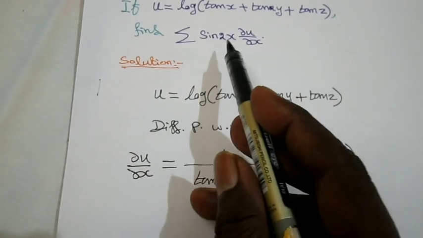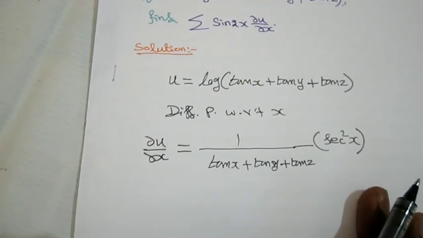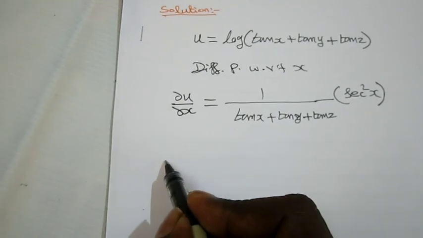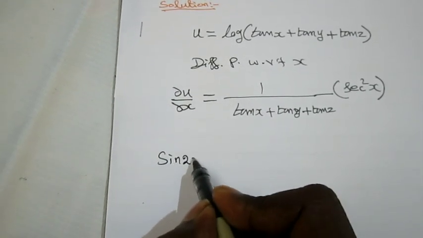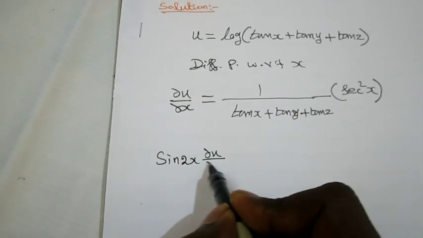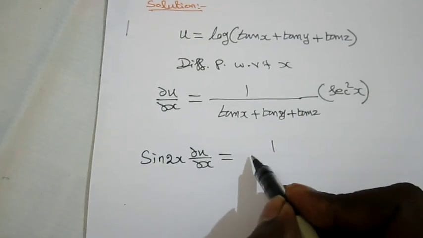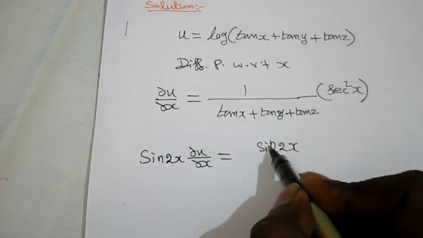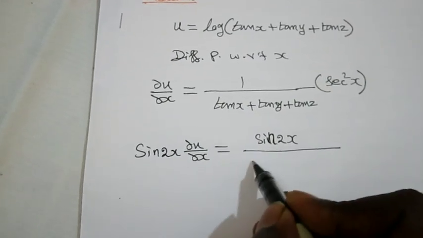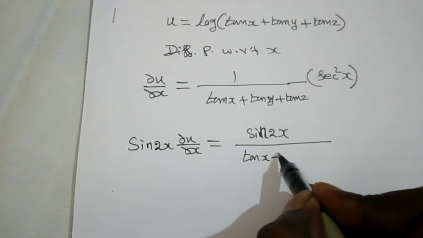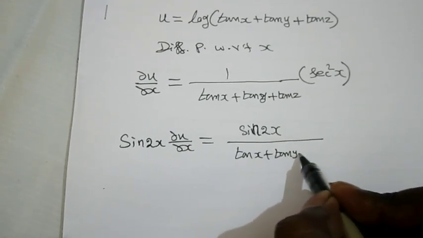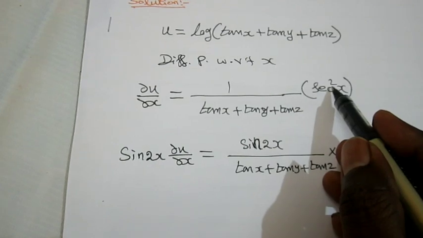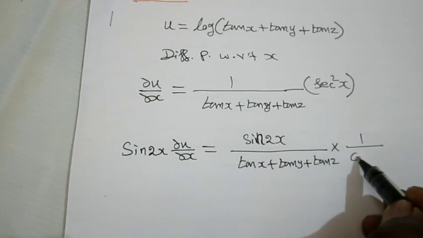But we want sine 2x into dou u by dou x. So I am going to multiply sine 2x on both sides. So sine 2x dou u by dou x is equal to sine 2x divided by (tan x plus tan y plus tan z), and then this secant square x can be written as 1 by cos square x.